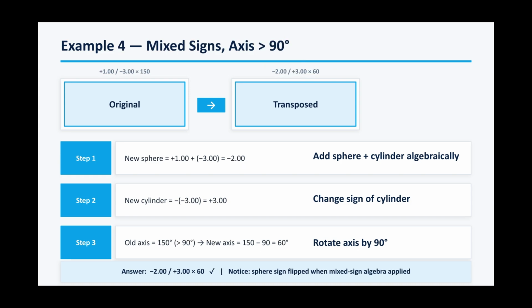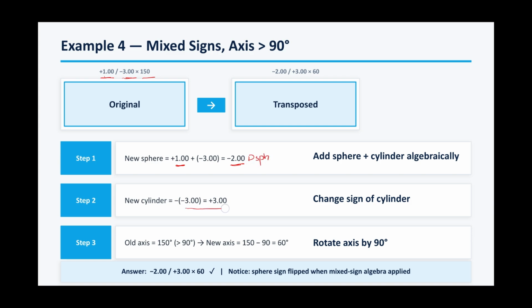Now one final example where there are mixed signs. Here we have plus sphere minus cylinder at 150. Again the same thing: we have +1, and we are supposed to add algebraically. When you add +1 to -3, we get -2, which is the new sphere.